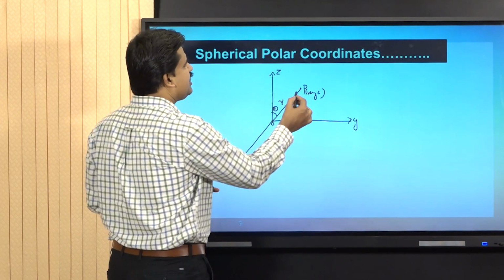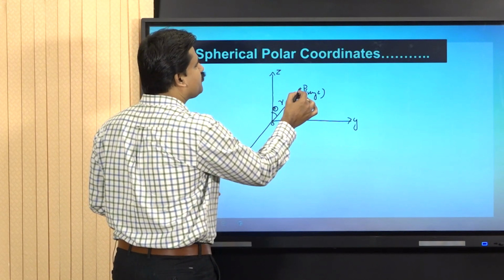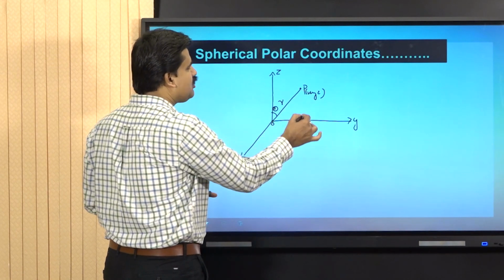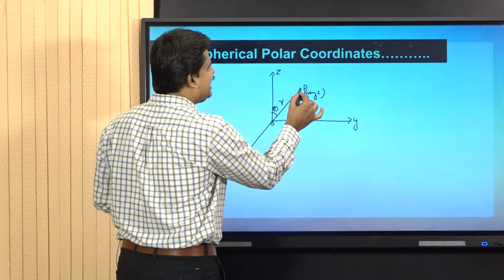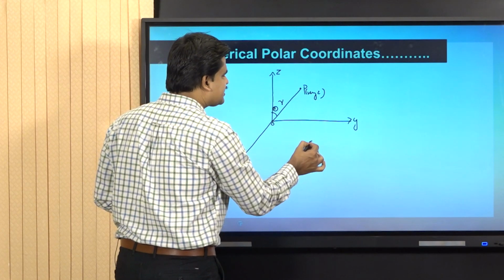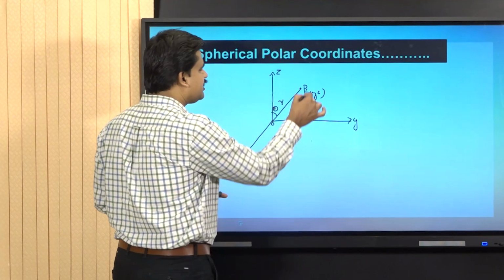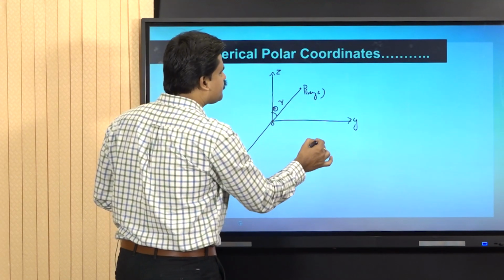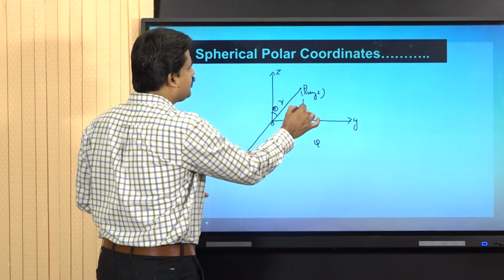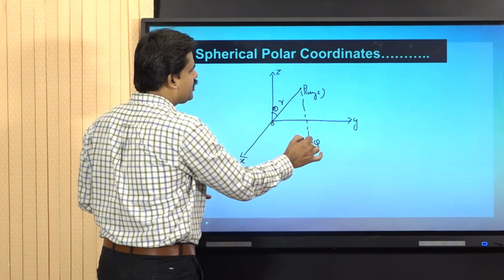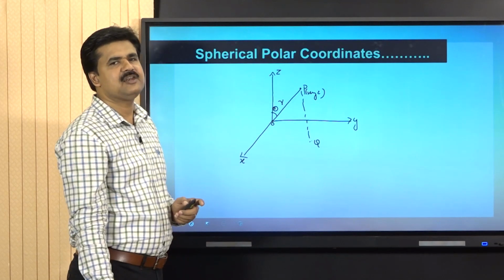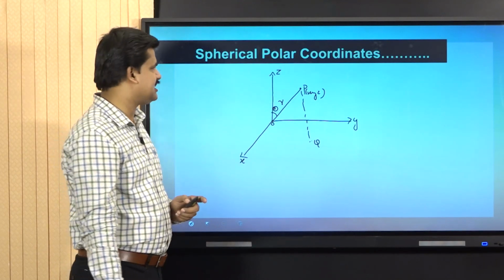Now I am taking the projection of P on the xy plane. Let the projection of P in the xy plane be this point, and I mark it as Q. This line PQ is parallel to the z-axis.